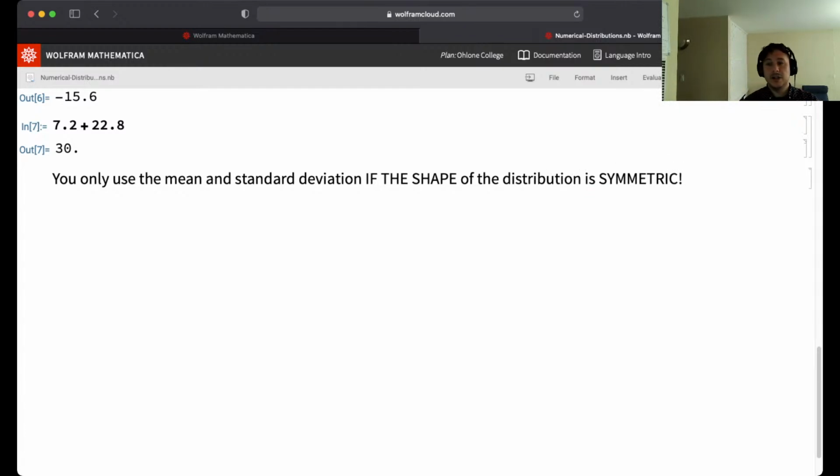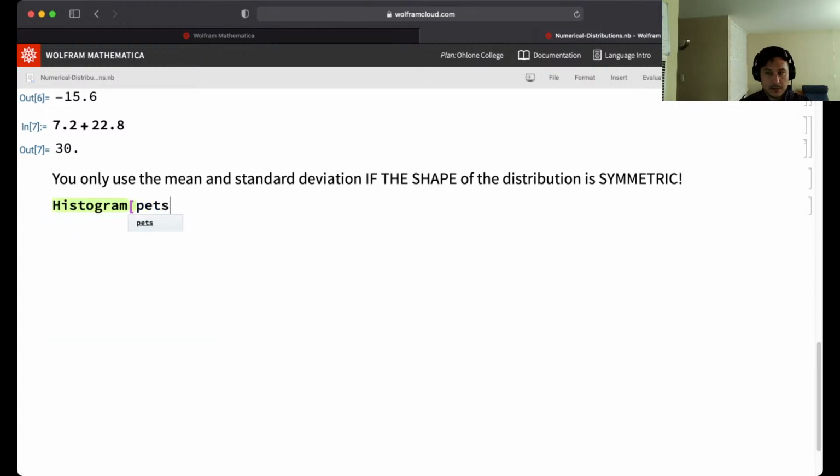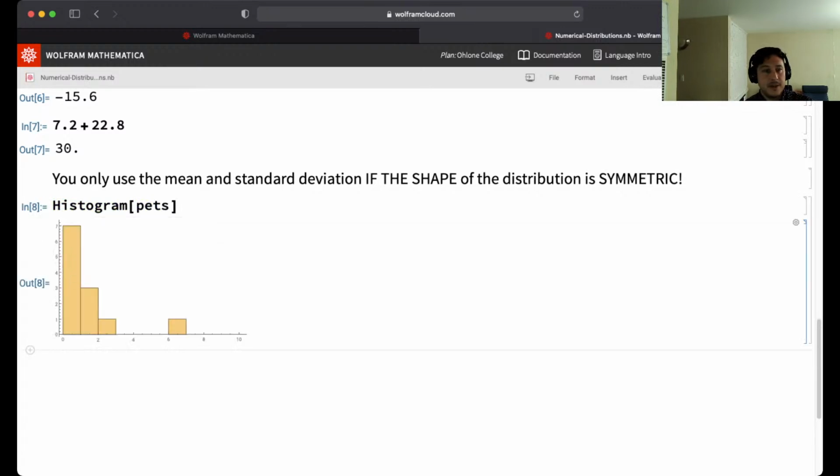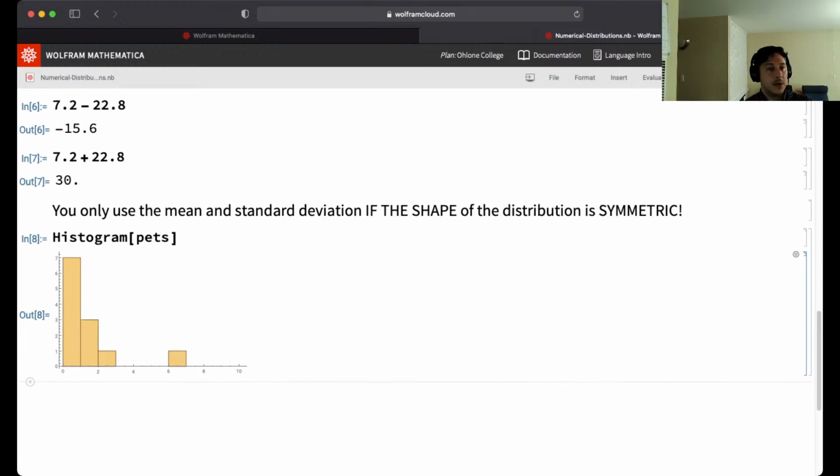So really what I should have done first was looked at the histogram of pets. This is not a symmetric distribution, because does everyone see how the high point is right here? The right tail is really long, the left tail is really short. So we should not have used the mean and the standard deviation here. But that doesn't matter because we needed it just to explain what they meant anyways.